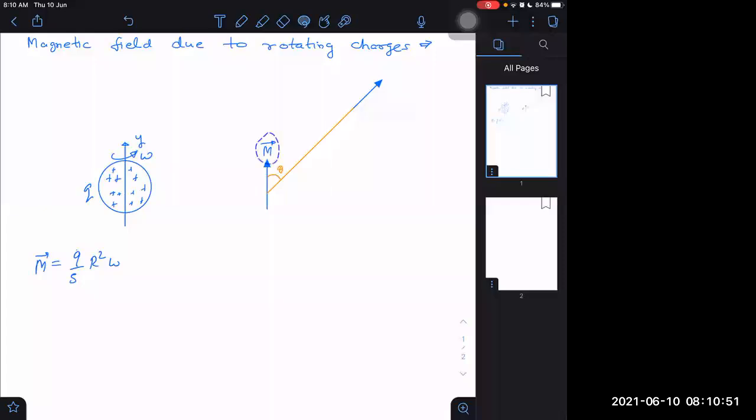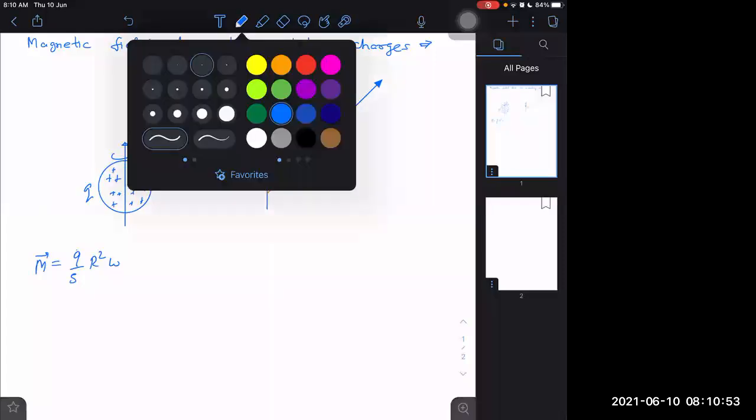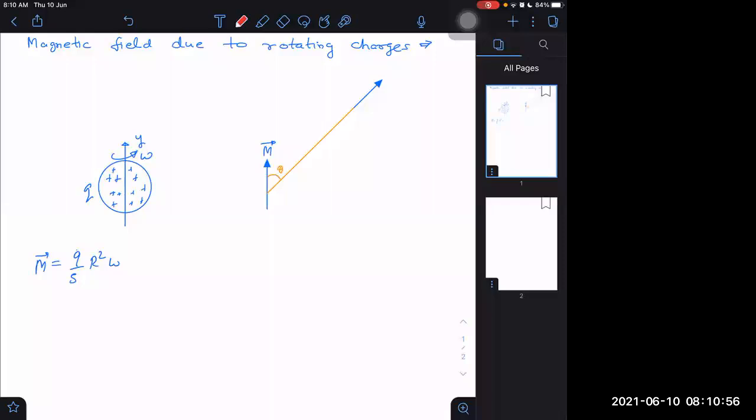In the electric dipole moment case, what I have to do first is resolve it into two components. What would be the components? One component will be in this direction, another in this direction.